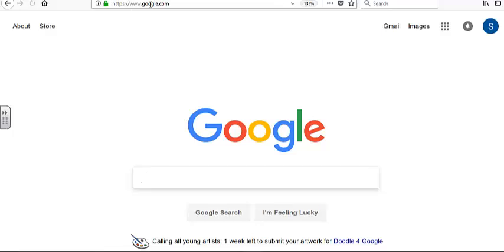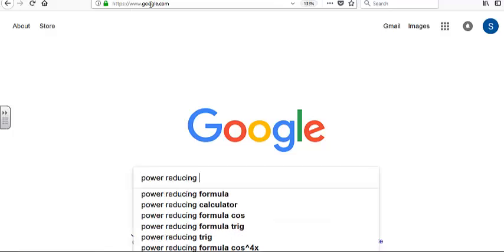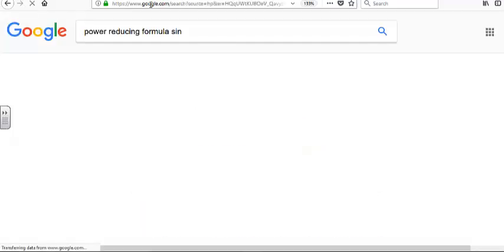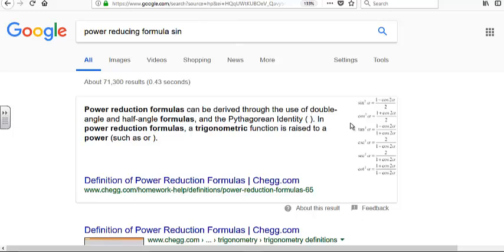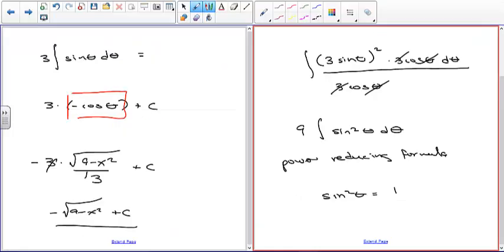Power reducing formula for the sine. Yeah, so sine squared is 1 minus cosine of 2 theta over 2.